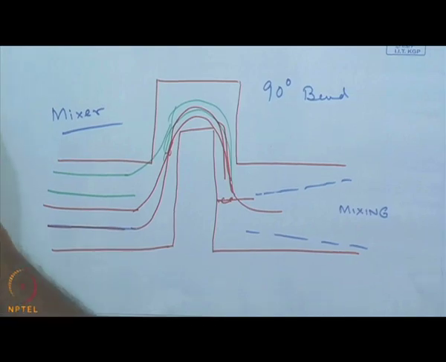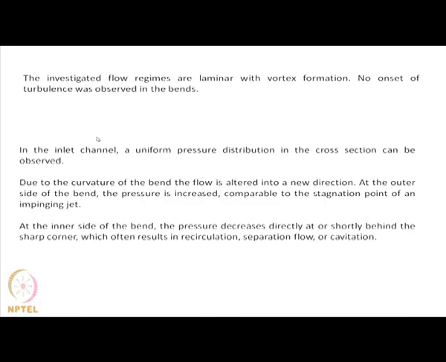Now we can summarize our observation: the investigated flow regimes are laminar with formation of vortices, and we may not see any onset of turbulence in the bends. At the inlet channel we have a uniform pressure distribution in the cross section, and due to the curvature of the bend the flow is altered into a new direction.